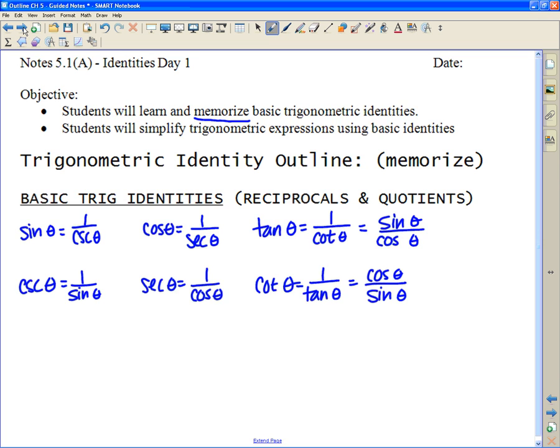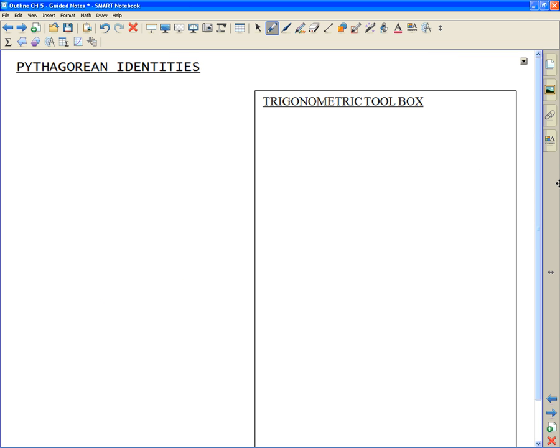Moving on to Pythagorean. We talked about Pythagorean identities earlier on in the first quarter. We're going to write them down again. Cosine squared plus sine squared is equal to 1. That comes from the Pythagorean theorem. So you guys need to recognize any time that you see cosine squared plus sine squared, it can be replaced with a 1 because that's its identity.